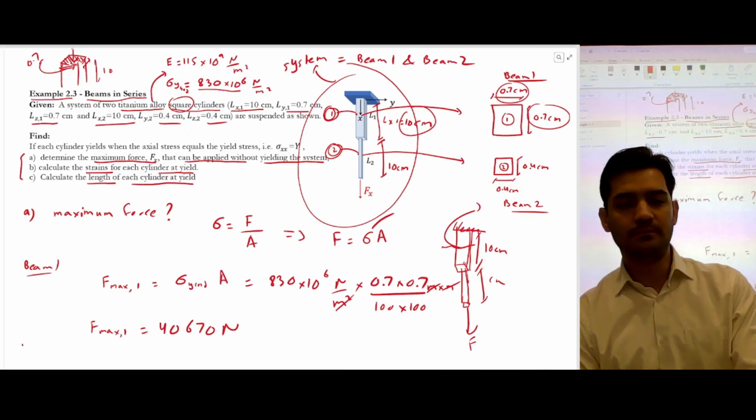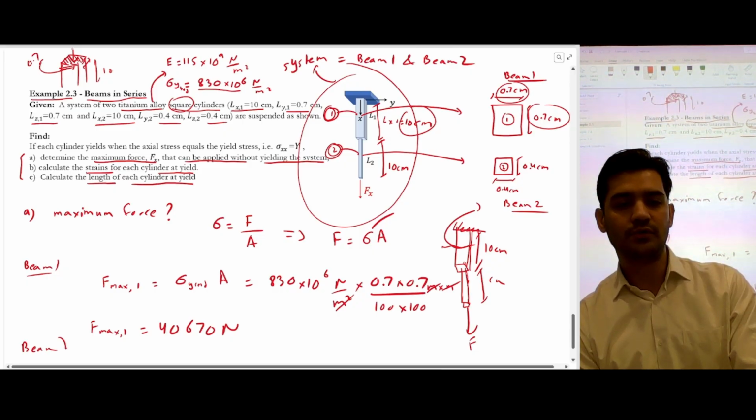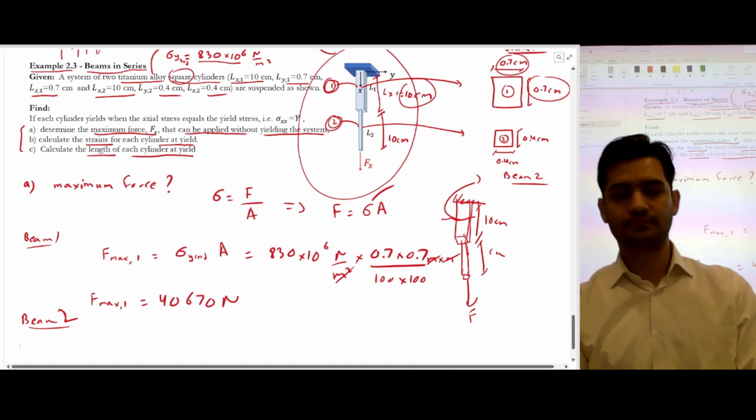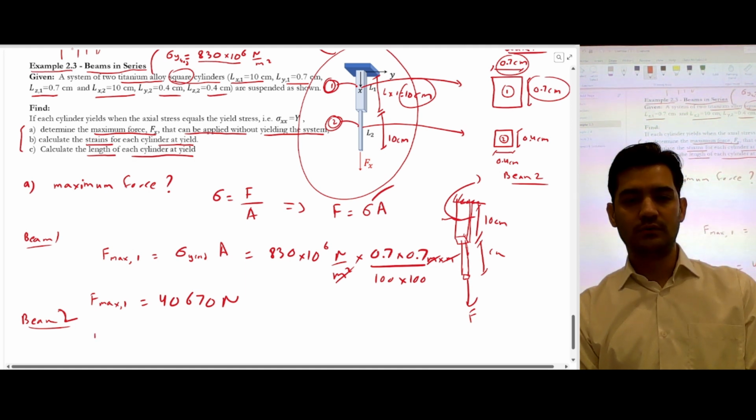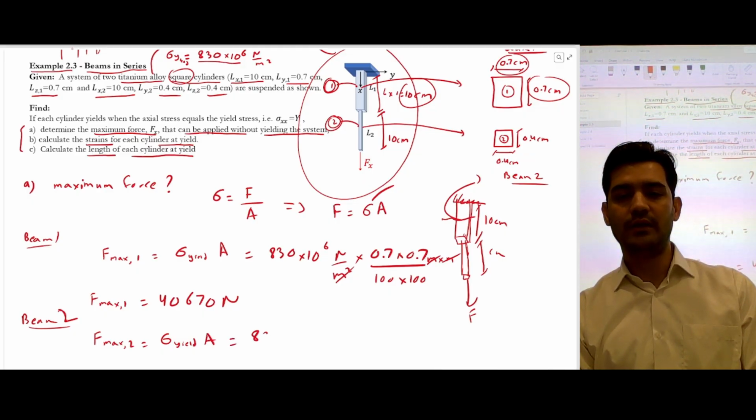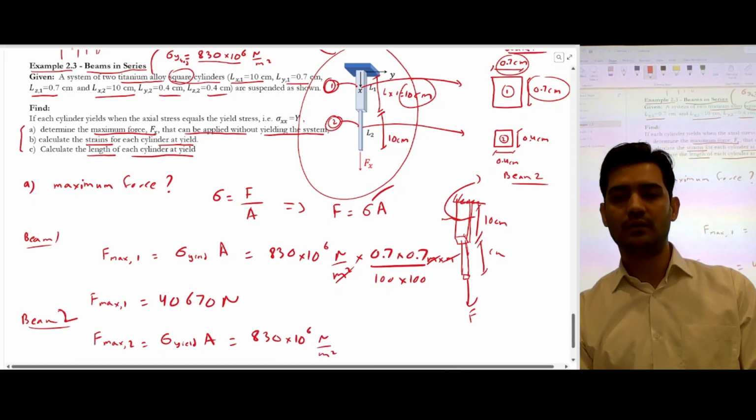So let's talk about beam 2. Max force for beam 2 is yield stress into area. Yield stress we know, 830 into 10 raised to the power 6 Newton per meter square.